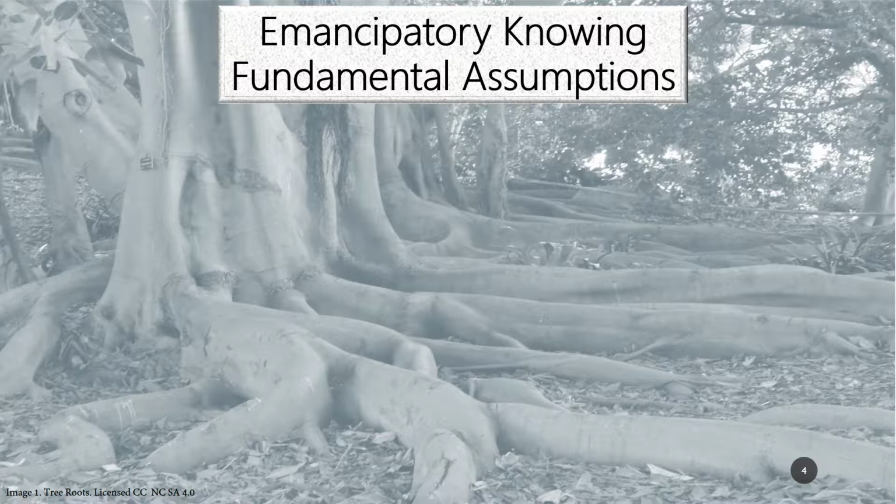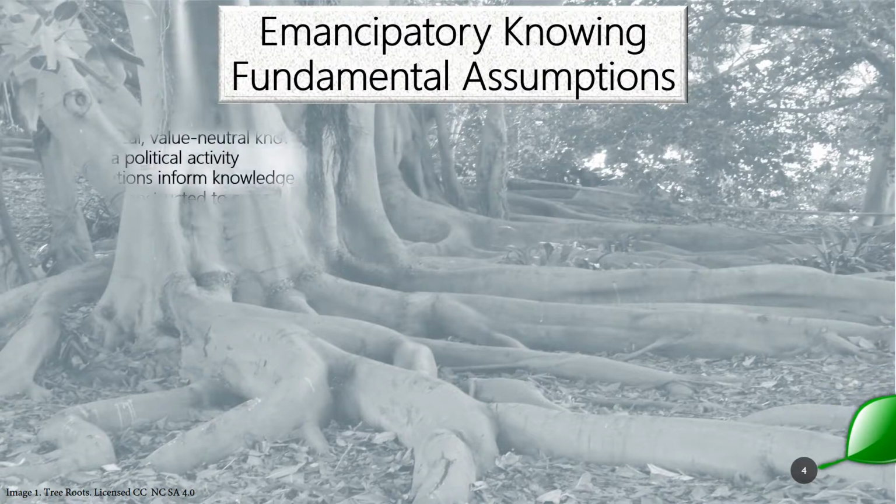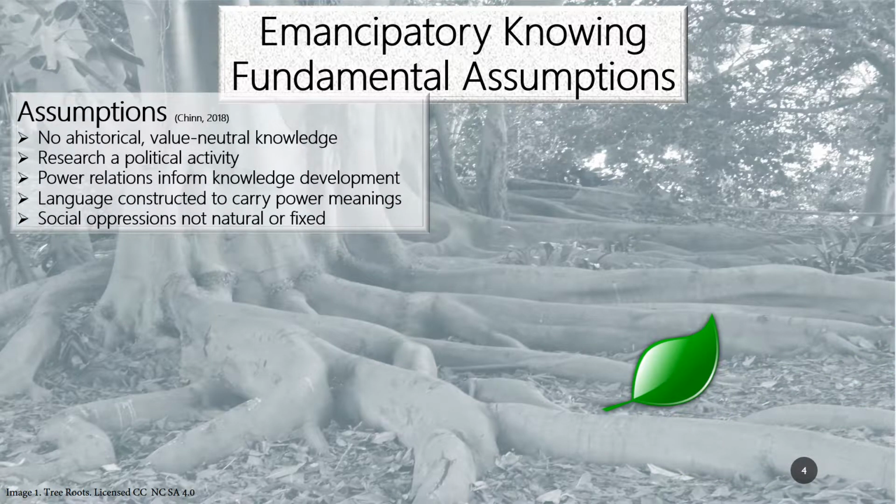The fundamental assumptions of emancipatory knowing include concepts about knowledge and how it is never value neutral. It's always political and informed by its relationship to power. Language is developed to carry meanings of power, and social oppression is not static but can be changed.